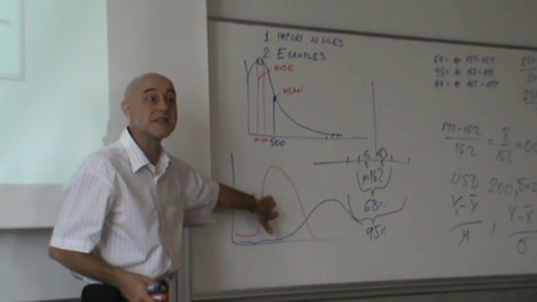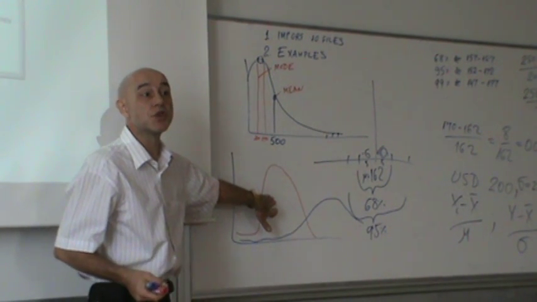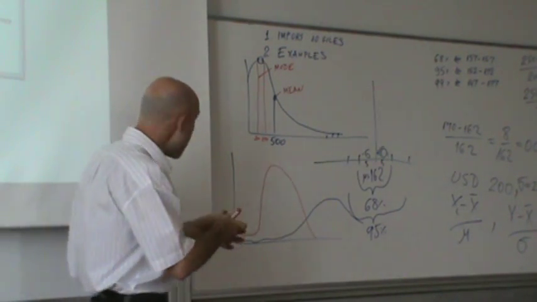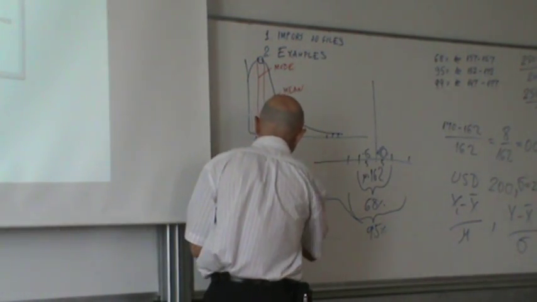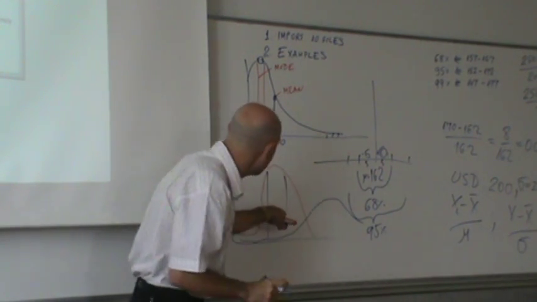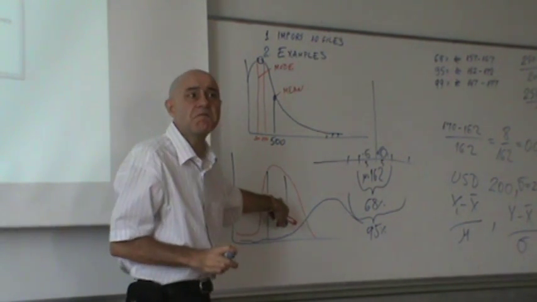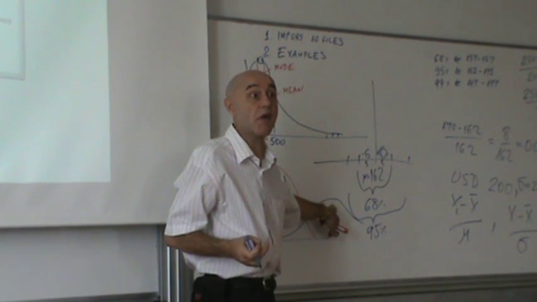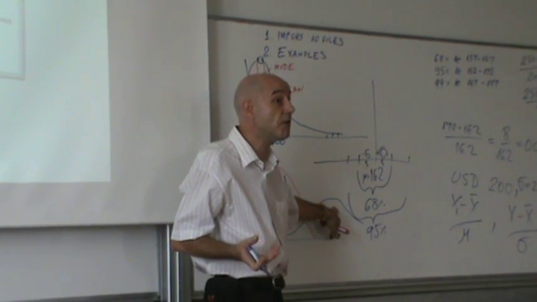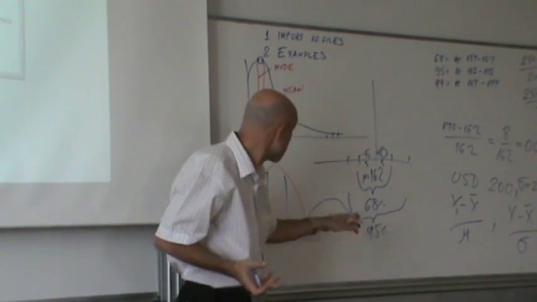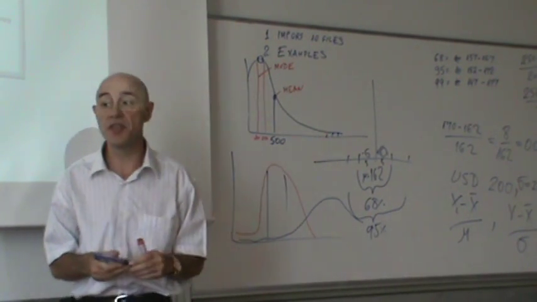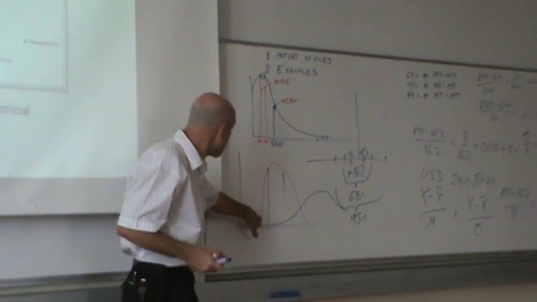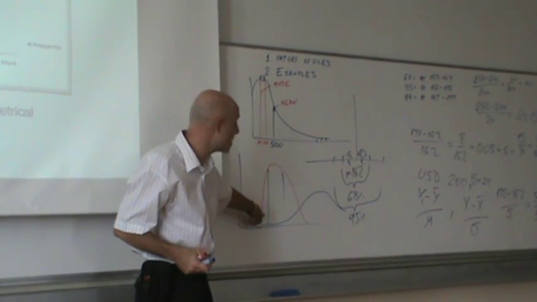If people are mostly skinny, it's going to be skewed to the left. A different way of thinking is, most people here will be in the range of 40 to 55 kilograms. Most people here will be in the range of 120 to 150 kilograms. So you can easily see on the picture. You can also say that here most people are skinny.